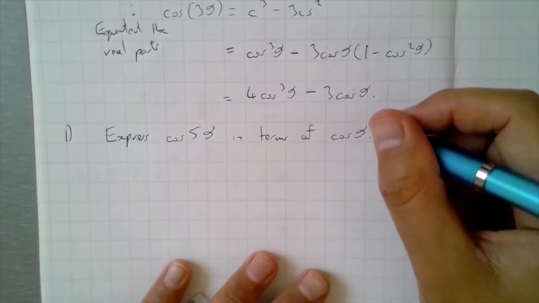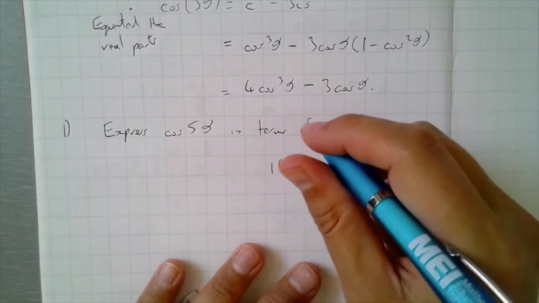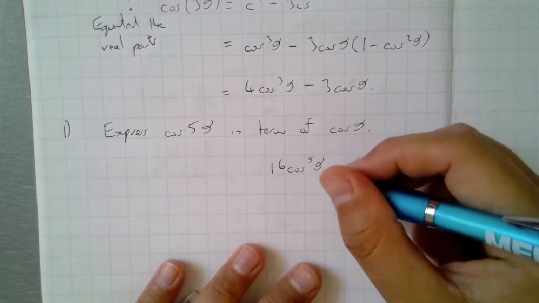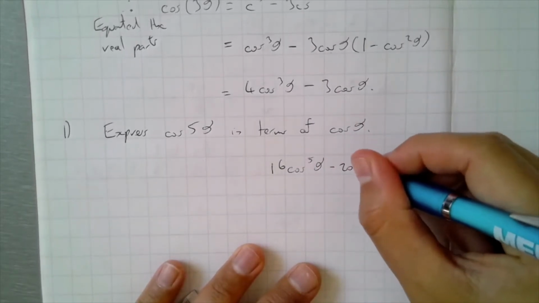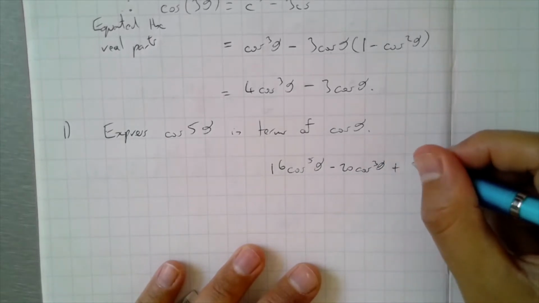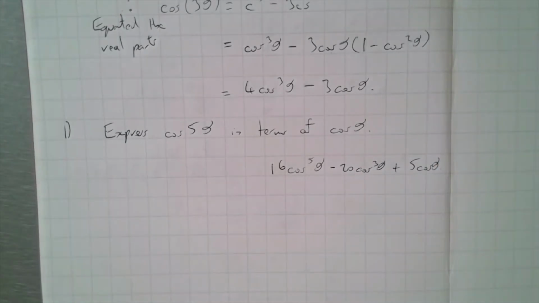And just so you can check that you've got it right, you should get 16 cos to the 5 theta minus 20 cos cube theta plus 5 cos theta. So have a go at that, make sure you've got that right, and then once you've done it, come back to the video, please.